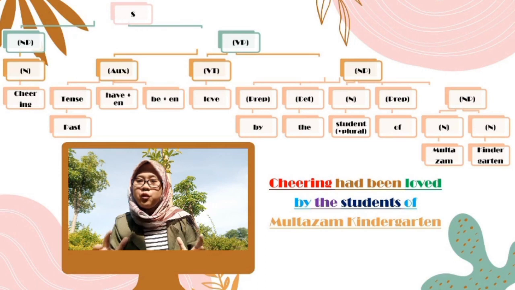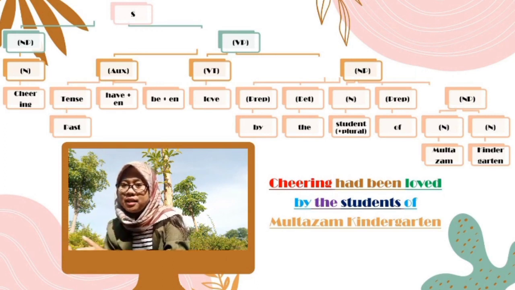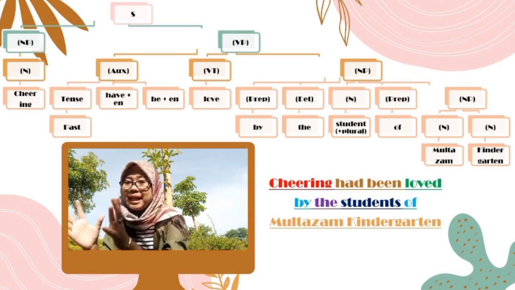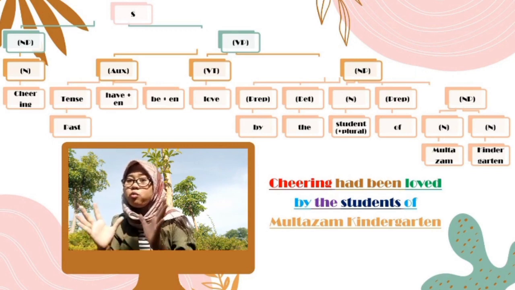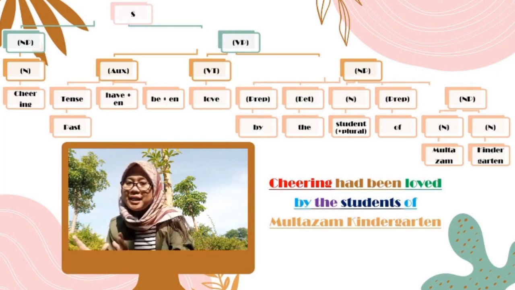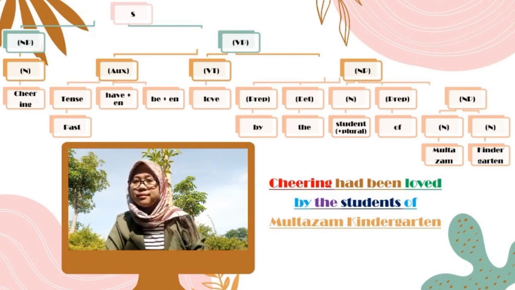The part of speech for of is prep, preposition. And the last part in the PP is the NP, also for Multazam Kindergarten. But here I cut it off as the noun for Multazam, and also noun for kindergarten. So Multazam Kindergarten is a noun combined with another noun.